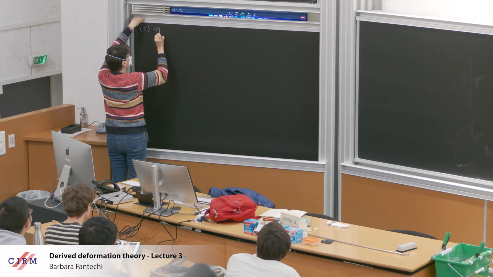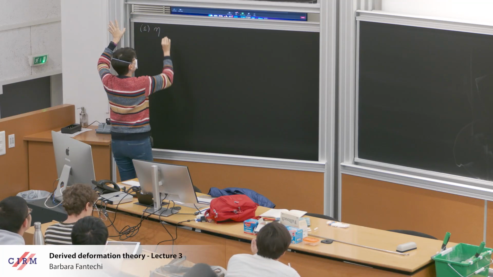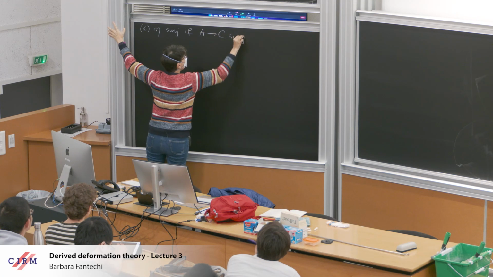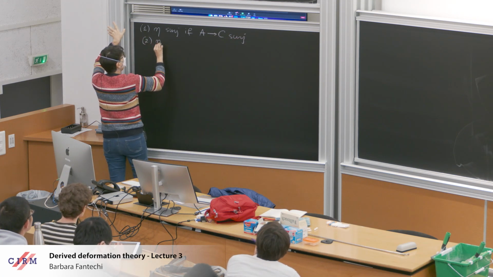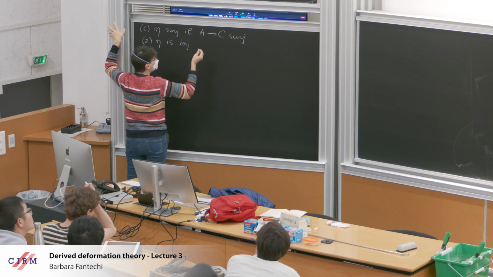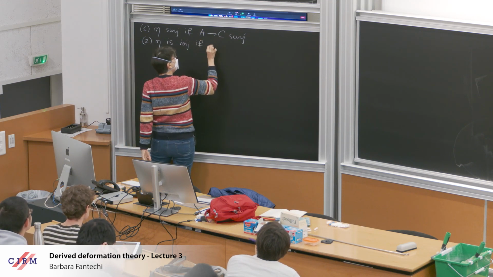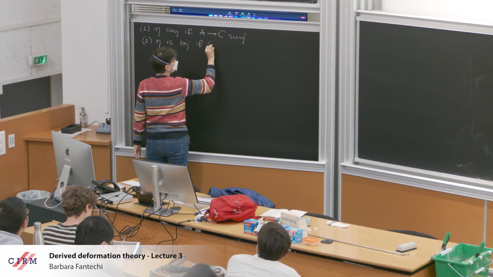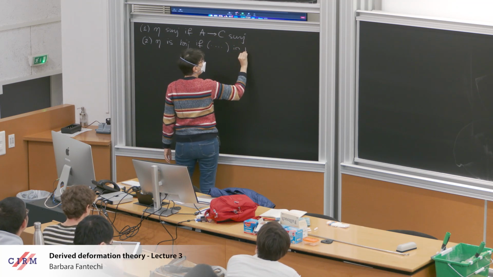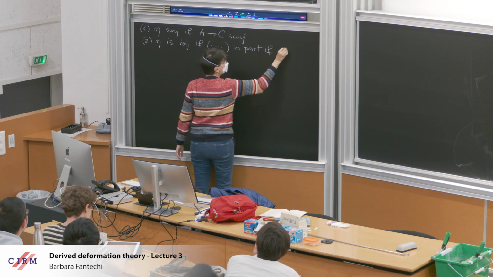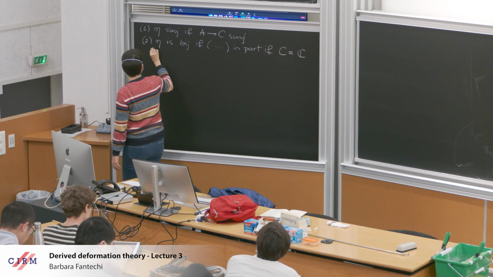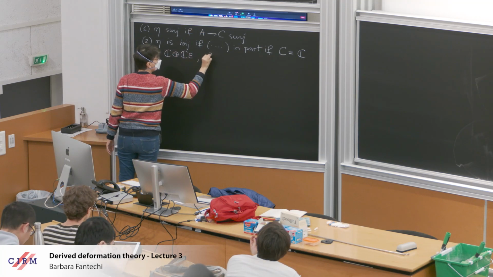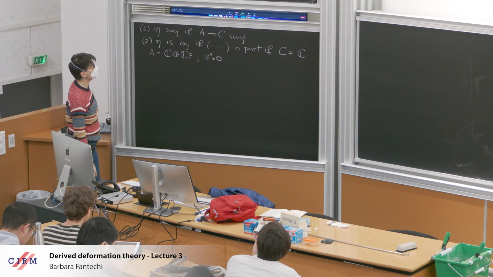Some of the conditions are that eta is surjective if A to C is surjective, and eta is bijective if C is C, with some additional assumption I will not say explicitly. In particular, if C is C and A is C plus C epsilon with epsilon squared equal to 0.